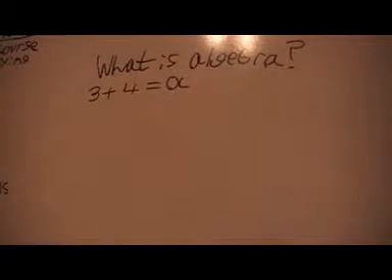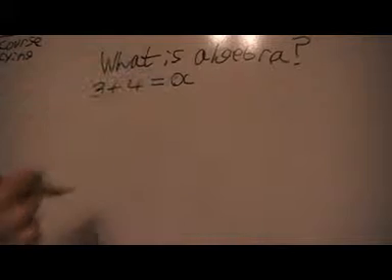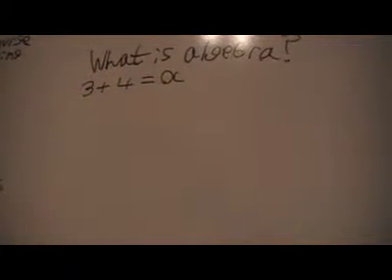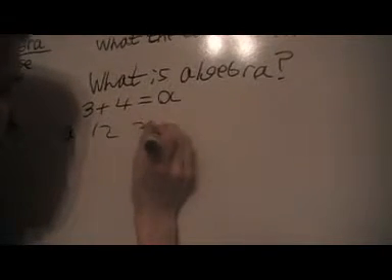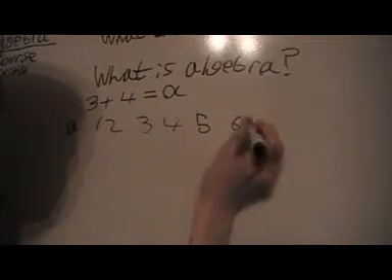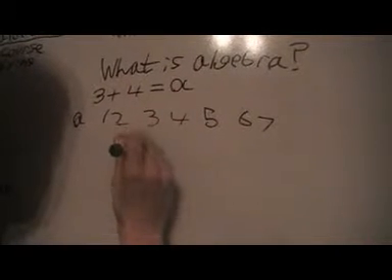Okay, so we'll have these letters to represent any number. So A could be 1, 2, 3, 4, 5, 6, 7. But we know that 3 plus 4 is 7, so in this case it is 7.